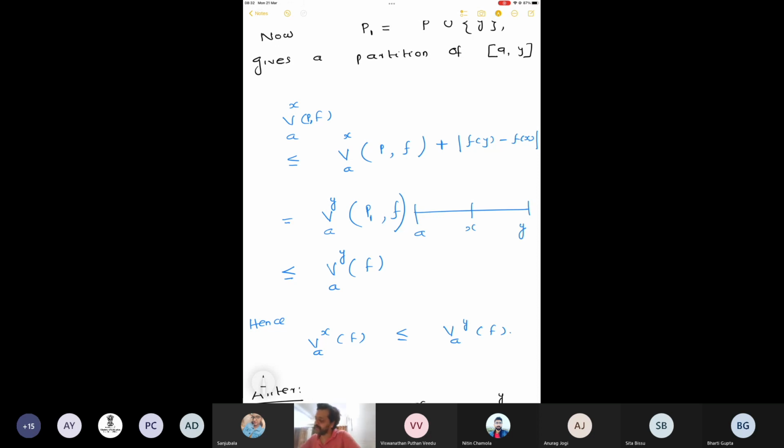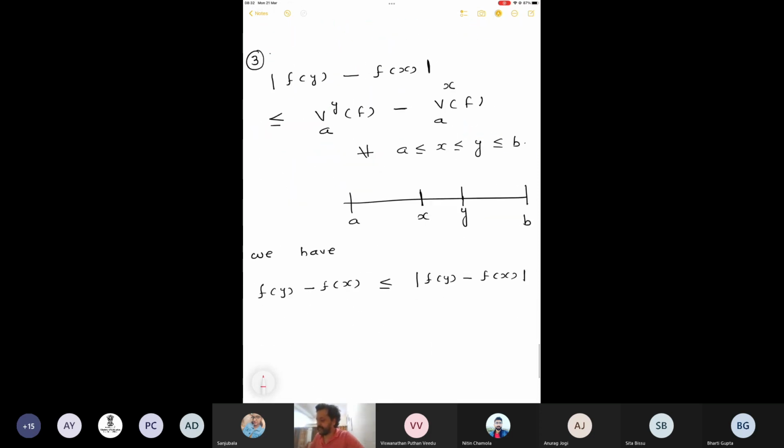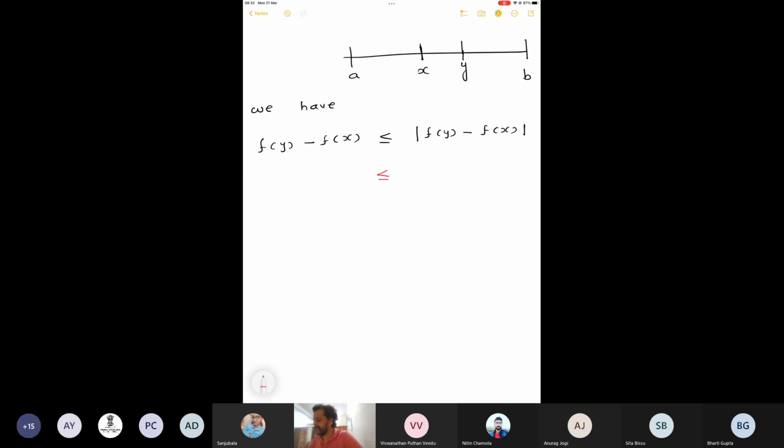Let me mark it here as star star. Looking at it, I can write the following inequality. This is less than or equal to V_a^y f minus V_a^x f. See star star.